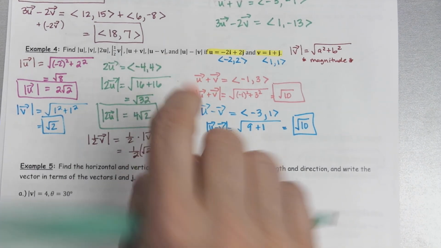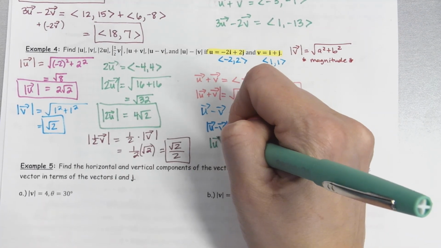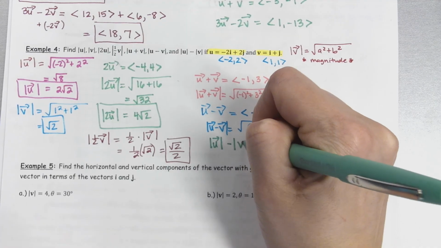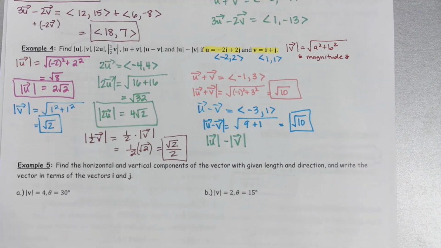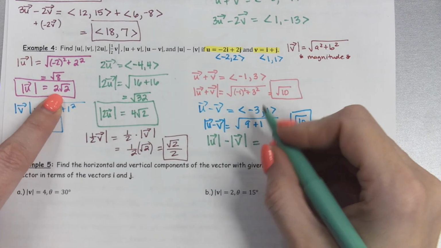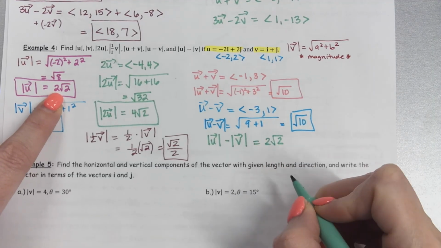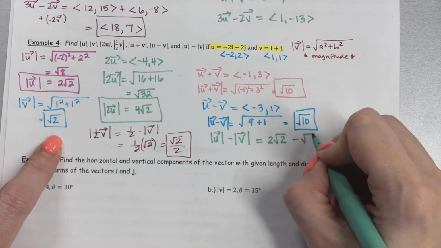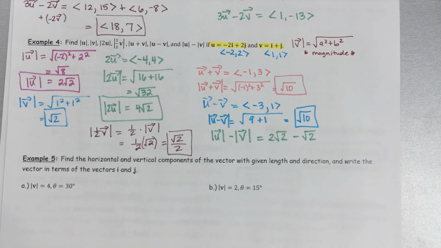Okay, now this is the absolute value of u minus the magnitude of v. So the absolute value means the magnitude. So in that case, you can take the magnitude that you've already found, 2 root 2, okay, and you can minus root 2. If they are like terms, you can combine them.